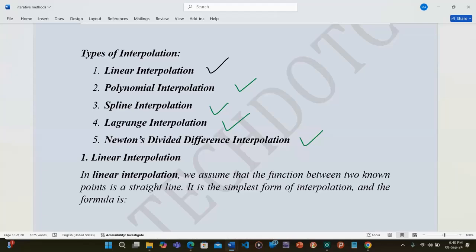For this course, we will talk about Lagrange and linear interpolation. The polynomial is going to use also Lagrange somewhere, somehow.